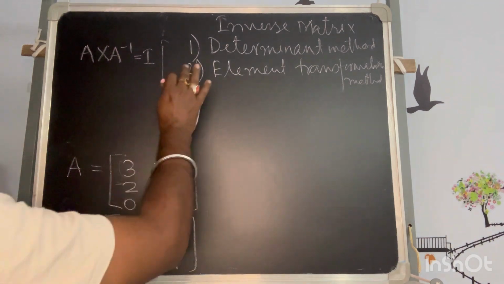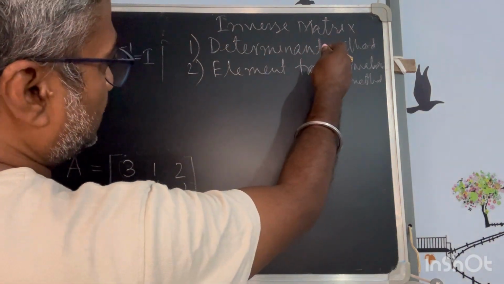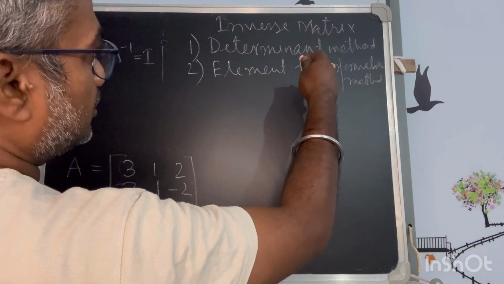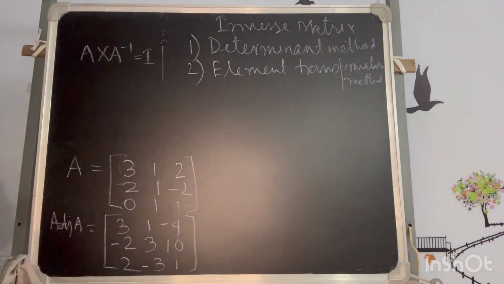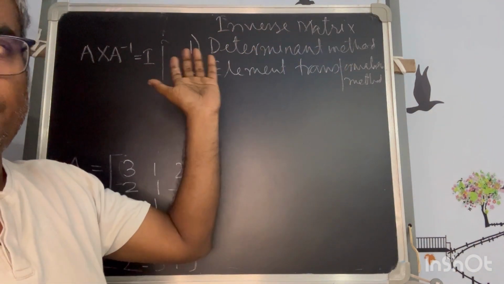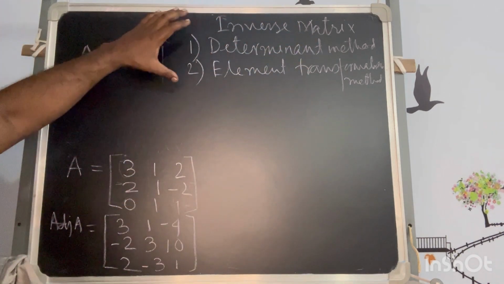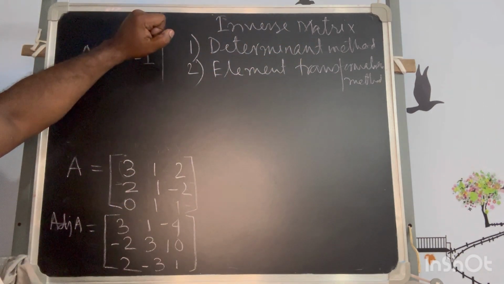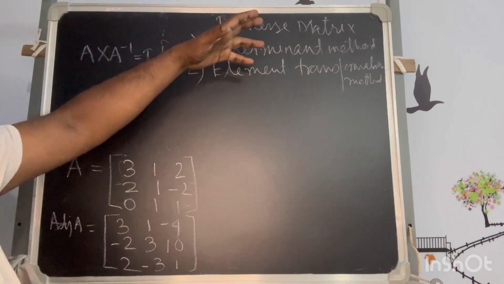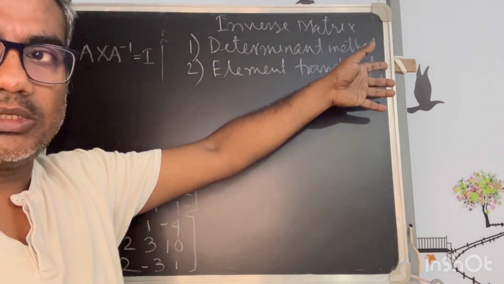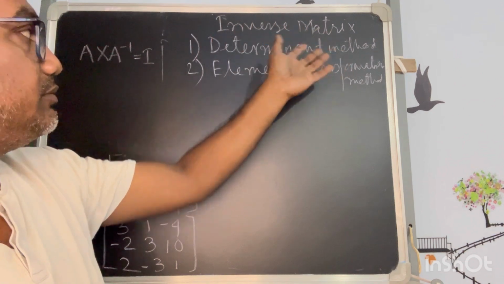Okay, so basically two methods are involved, and everything can be classified into these two methods only. That is the determinant method and the element transformation method.